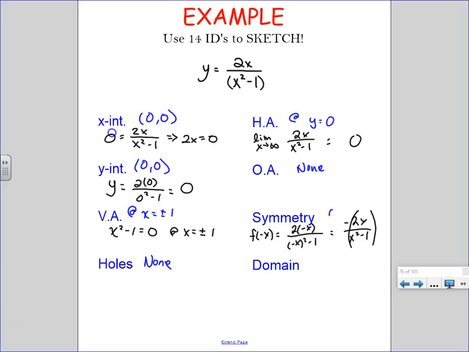Odd, aka symmetric about the origin. Domain. We already know it: there are no other problems besides the denominator, and x can't equal plus or minus 1. Pre-cal done, at least as far as function analysis.